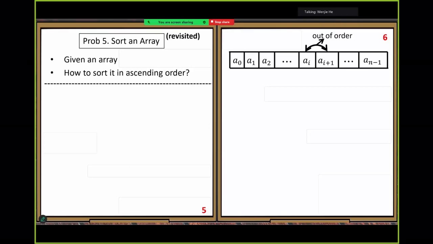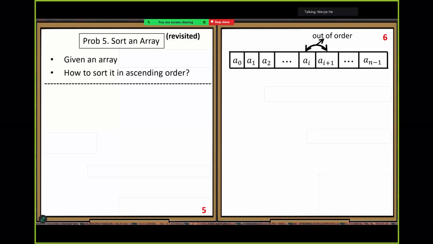Because our goal is to make all the elements in ascending order, right? If the elements, when you compare them, are in ascending order, then that's good. We like it, because that is the same direction as our goal.